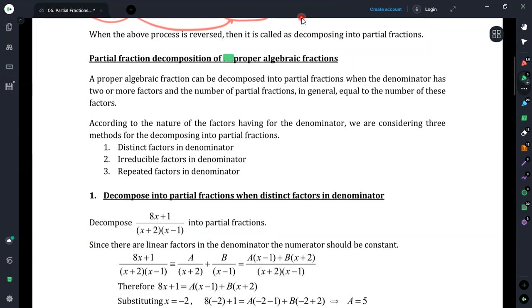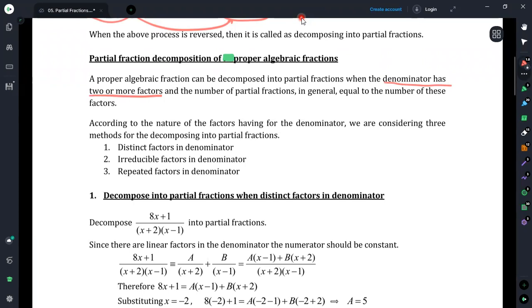For a proper algebraic fraction, as we discussed, the degree of the numerator is always less than the degree of the denominator. A proper algebraic fraction can be decomposed into partial fractions when the denominator has two or more factors.